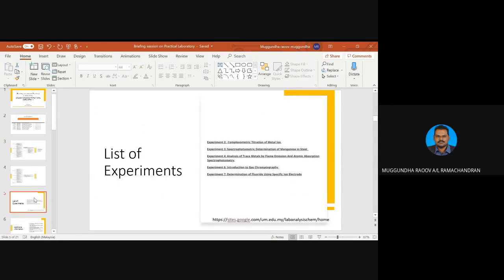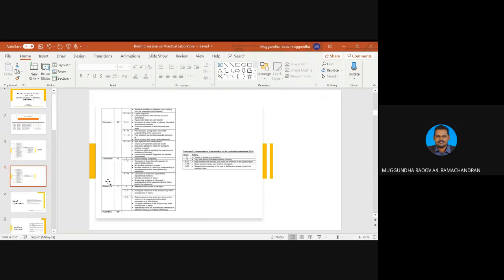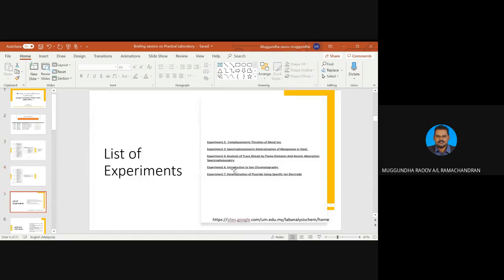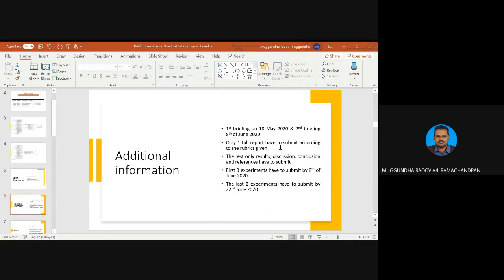Full report means, according to the rubric: title, objective, introduction, experimental, results, discussion, conclusion, references. All these elements should be included in experiment number 6, which is introduction to gas chromatography. Experiment 2, experiment 3, and experiment 7 are only results, discussion, conclusion, and references.